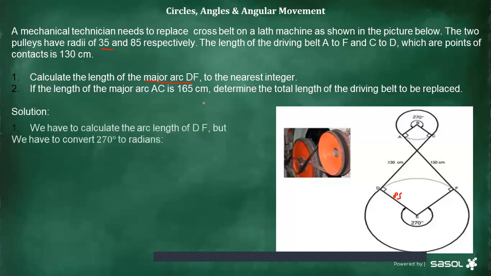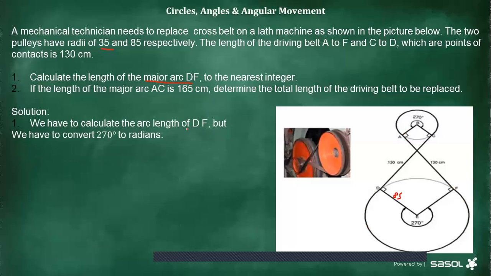Let's see how we calculate that. We have to calculate the arc length of DF, but we have to first convert 270 degrees to radians. Let's do that. We multiply by pi over 180, and now the angle is in terms of radians, which is 3 pi over 2.